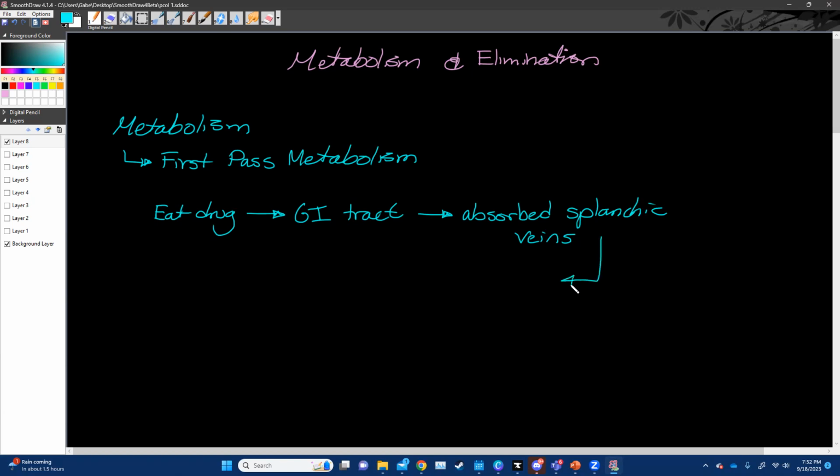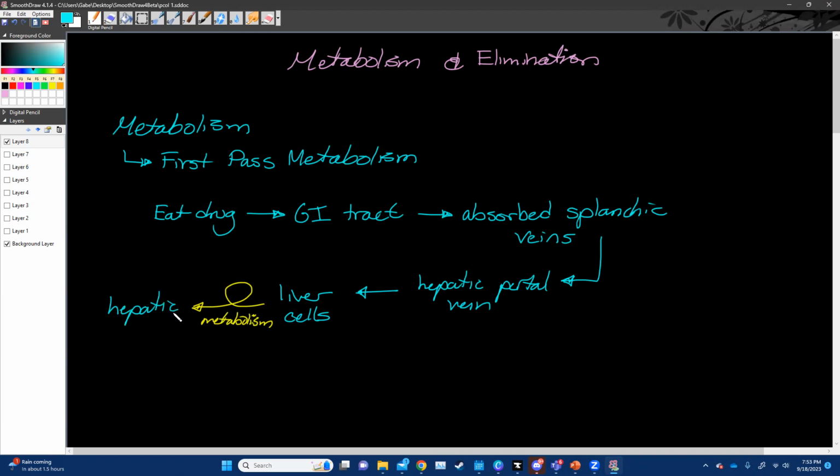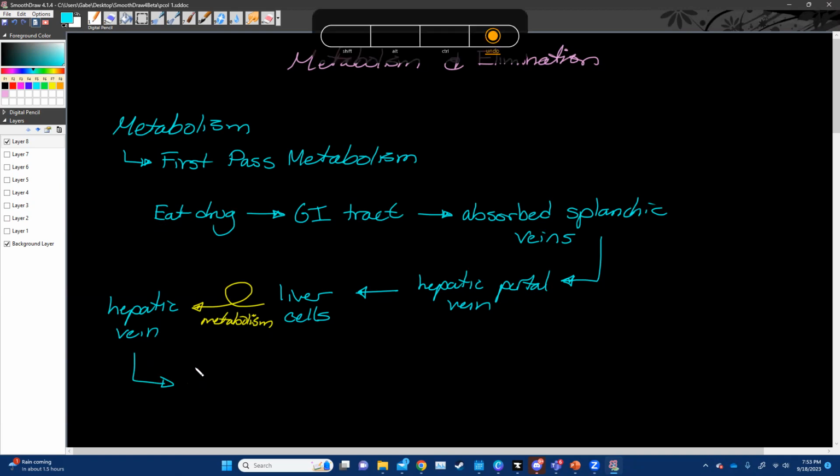What's really important about this is that the drug goes through what's called the hepatic portal vein and enters into the liver. It then goes through the process of metabolism, goes through the hepatic vein, and is finally dumped into the general blood circulation.